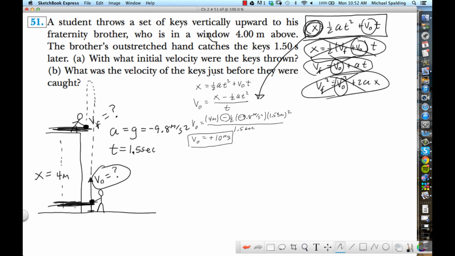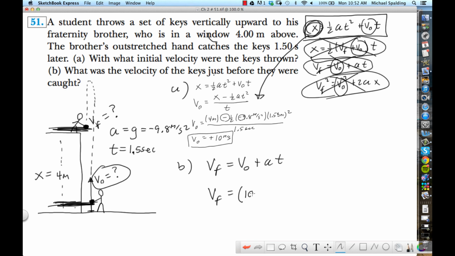Which kinematic would work for that? I'd use the third one. So this was part A. Here's part B. VF equals V initial plus at. So now we are looking for VF. This calculation here is going to show us that the keys went past the guy and then back down.